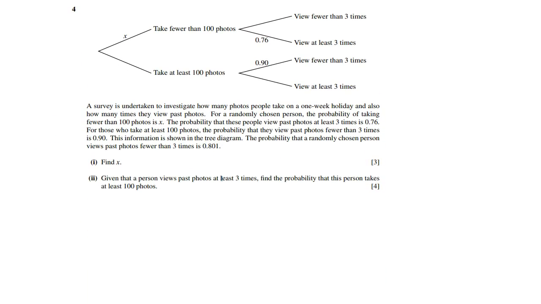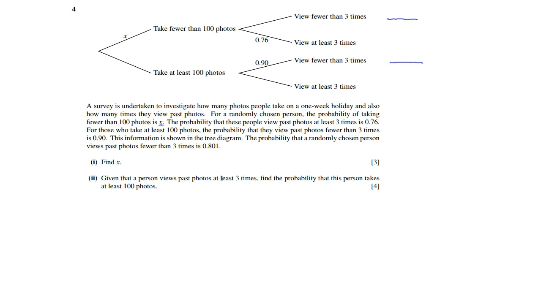All right, for number 4, they've given us a tree diagram. They've given us some of the values, and then they also tell us that at the very end, the probability that a randomly chosen person views past photos fewer than 3 times is 0.801. Now, unlike other probability trees where you have to find the probabilities, they've given us a probability, and then we've got to go back and work it backwards.